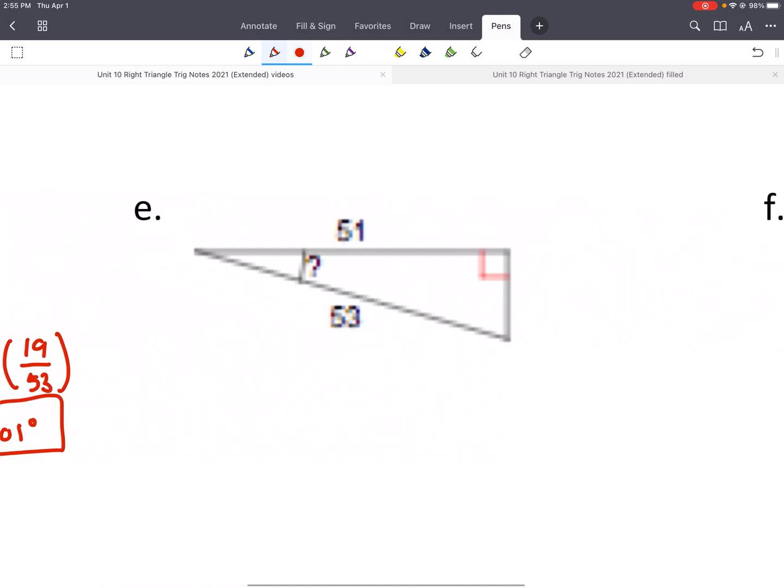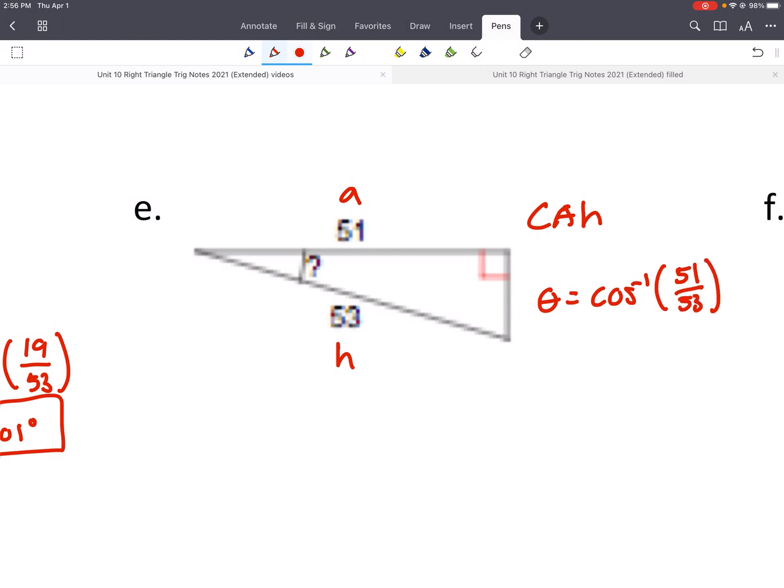Two more. Here we have hypotenuse and adjacent, so that's CAH of SOHCAHTOA. So we'll do theta equals cosine inverse of adjacent over hypotenuse, 51 over 53, and we get theta is approximately equal to 15.79 degrees.